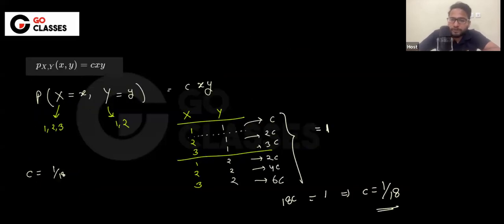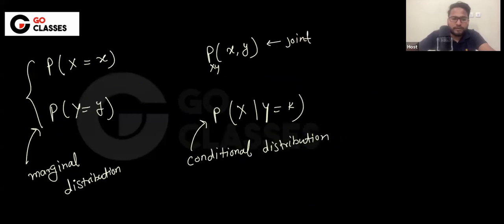Okay, so now what they are saying is that we need to find the marginal distribution also. As we know that C is coming out to be 1 by 18, marginal distribution means: what is the probability that X is 1, what is the probability that X is 2, like that, right? So C is 1 by 18, which means 1 by 18 into XY. Let's see what is the probability that X is 1.